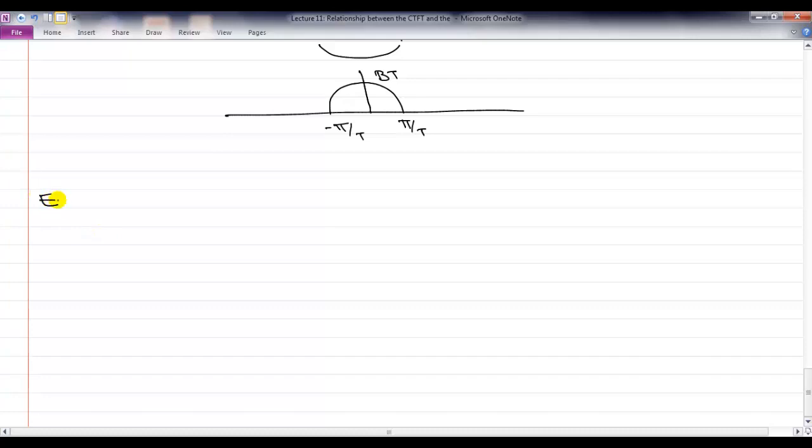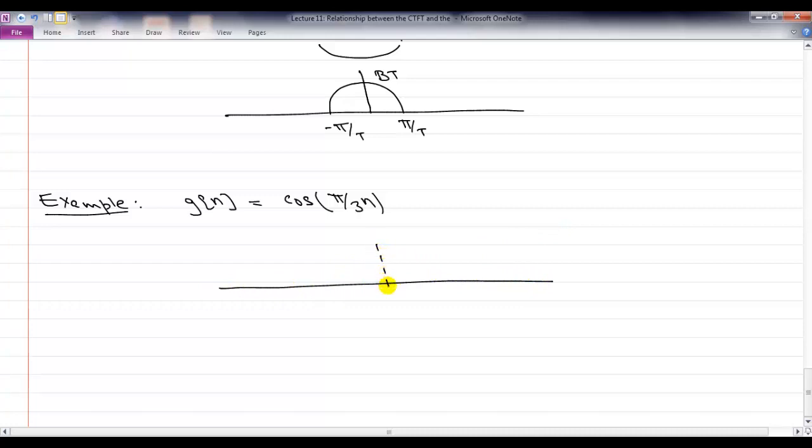So let's take a simple example of a pure sinusoid. Let's say you are given G[n] equal to cosine of π/3 n, and what's the Fourier transform of that? You get an impulse at π/3 with area π, an impulse at minus π/3, this is minus π, this is π, and then you get repeated copies of that at 2π, minus 2π, and so forth, right?